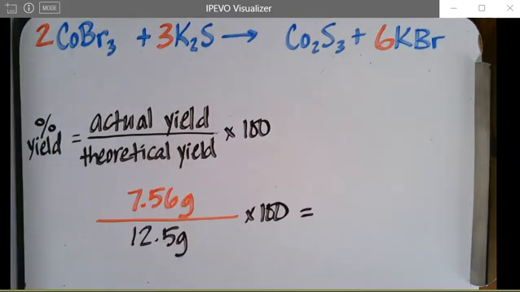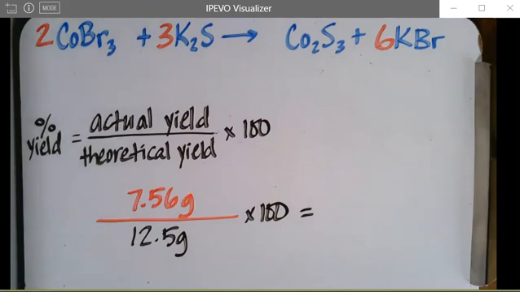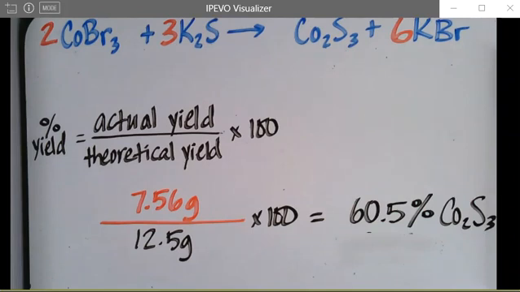So the actual yield I wrote out here in red, 7.56 grams divided by the theoretical yield solved for in part A times 100. Go ahead and solve on your calculator and record your final answer. Based on our results, the percent yield of cobalt-3 sulfide comes out to 60.5%.